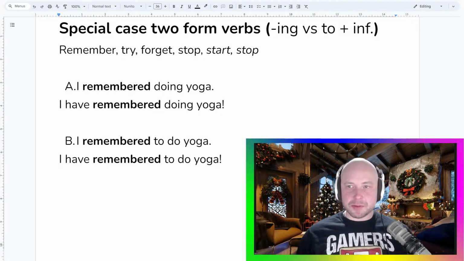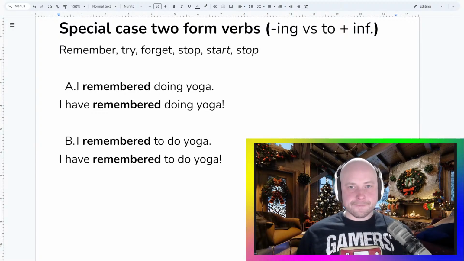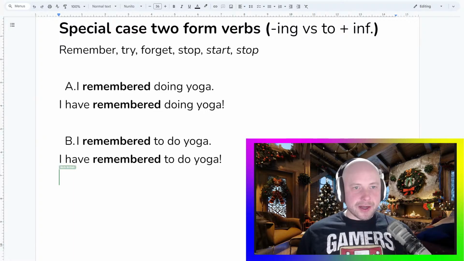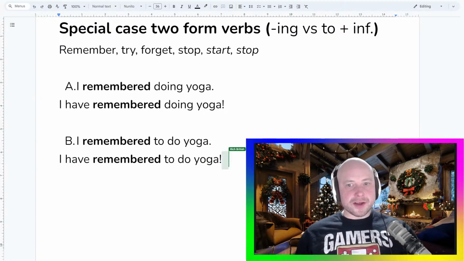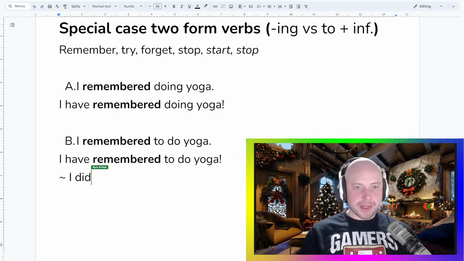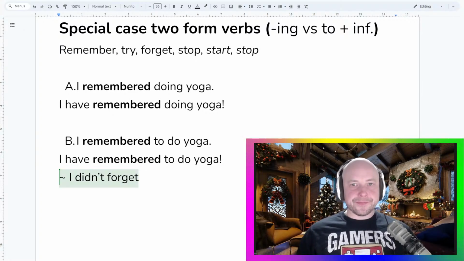Actually, it's probably not that clever, but I'm going to do it anyway. Right, yes. Yoga. Remember to do yoga. So what did you say? It's not forgetting. I didn't forget. That is exactly what it is.